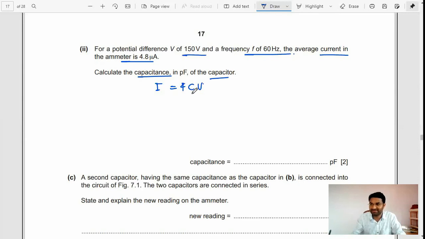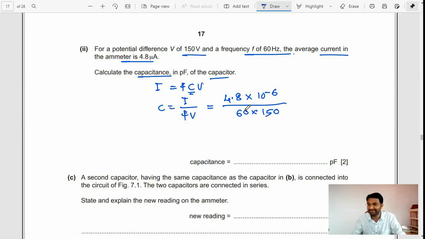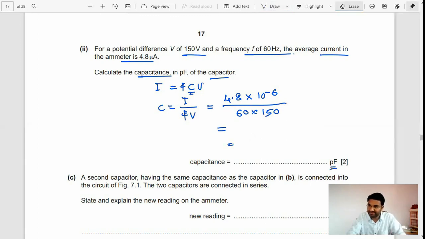So just rearrange this equation as C is equal to I over F times V. So I is 4.8 times 10 raised to negative 6, frequency is 60, times voltage is 150, right? And when you use the calculator to calculate this part, 4.8 divided by 60 times 150, you will get the answer 5.33 times 10 raised to negative 4 times 10 raised to negative 6.